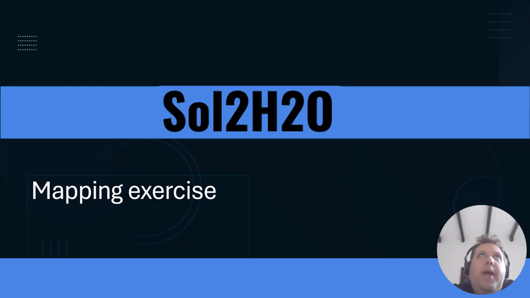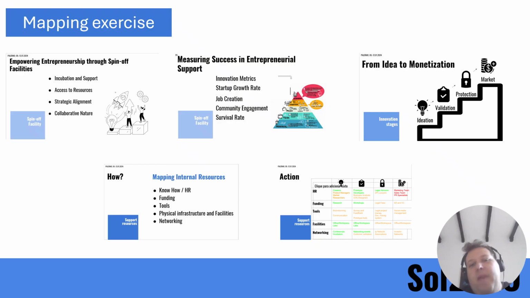After that, we began our mapping exercise. With this mapping exercise, what we did was trying to see and to discuss how entrepreneurship can be developed, how we can encourage the creation of these new spin-offs through a spin-off facility.